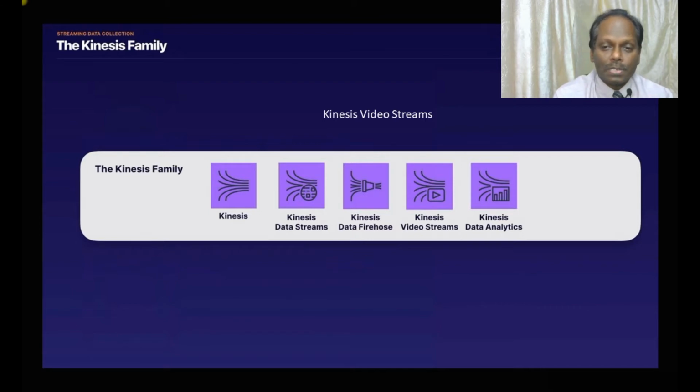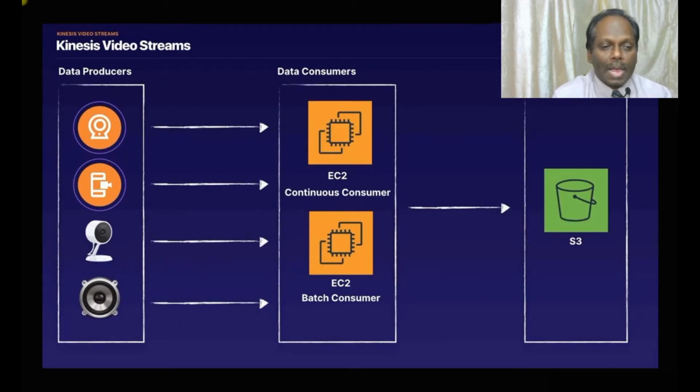The next one I want to discuss is Kinesis Video Streams. Mostly from a webcam or IP cam or from any other sources, the video stream can be continuously captured using a data consumer, such as an EC2 consumer, and then stored in an S3 bucket. It can also be used for analytics, and the identity gained can be processed using a Lambda function and stored accordingly.